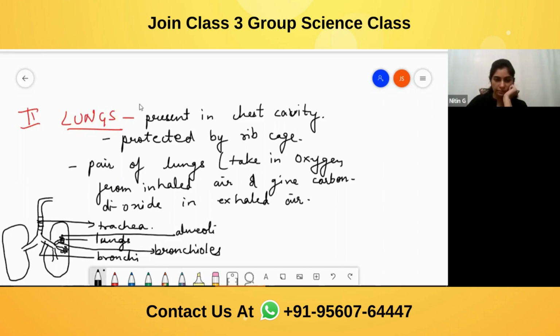In these alveoli, the exchange of gases occurs.